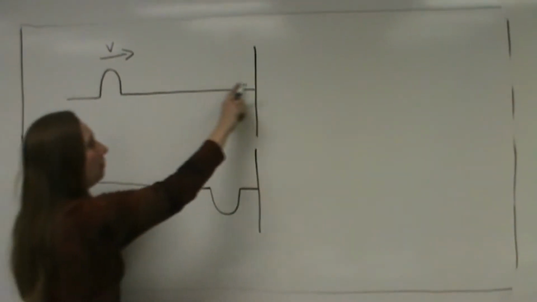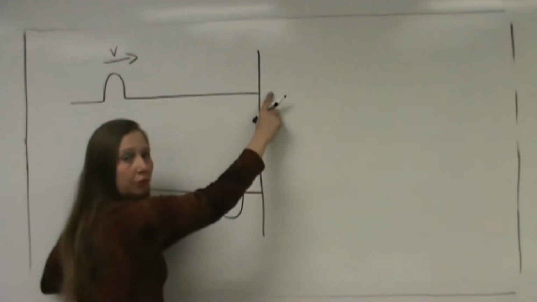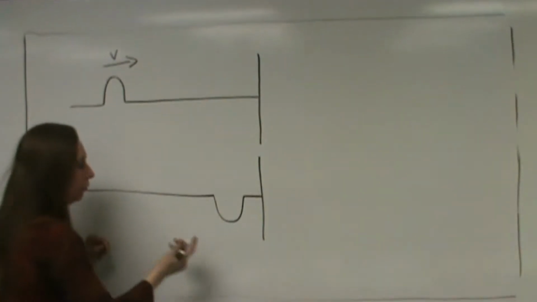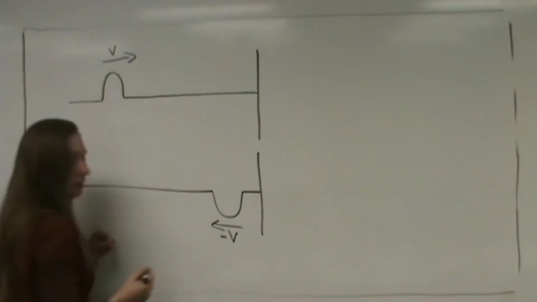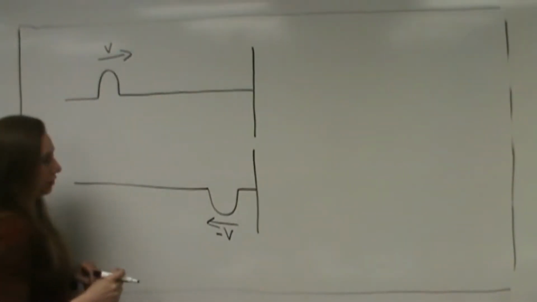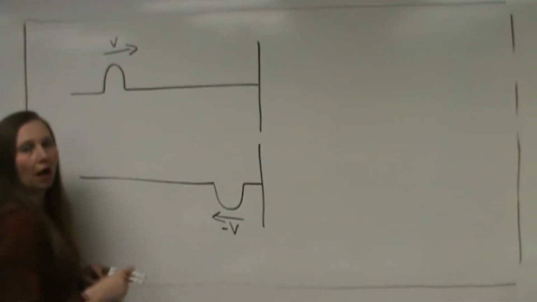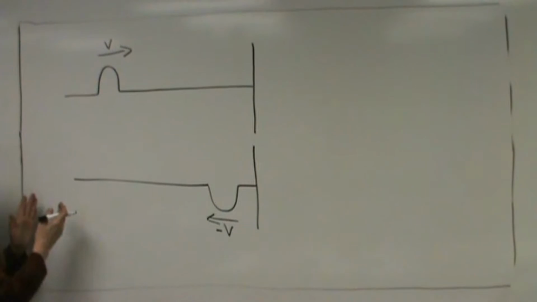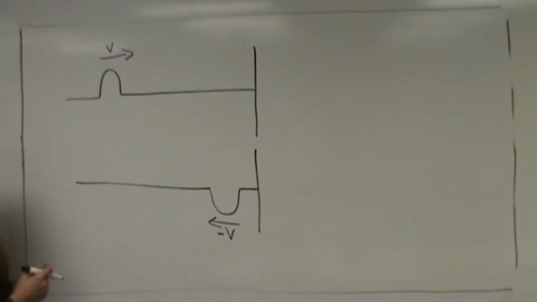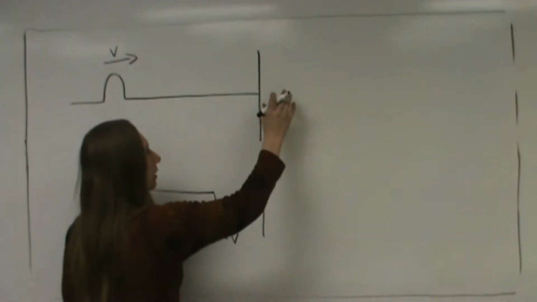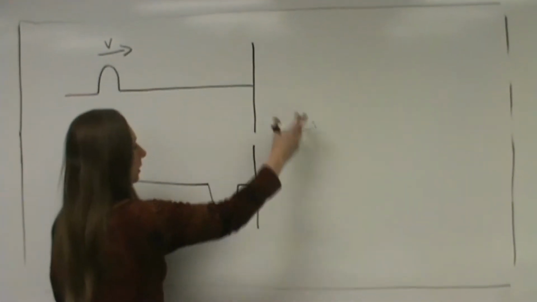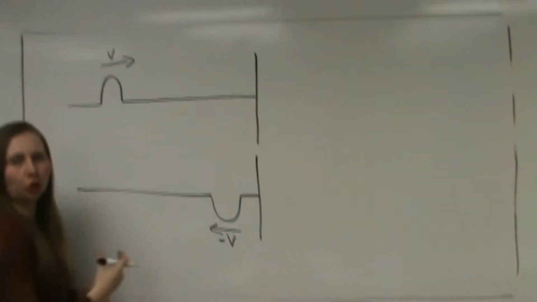It stays on top all the way across, hits the rigid wall, reflects off the wall, and now its velocity is back in the opposite direction, and it's also on the bottom, and it stays on the bottom the whole time that it's coming back. So when a pulse hits a rigid wall, it reflects back and inverts.